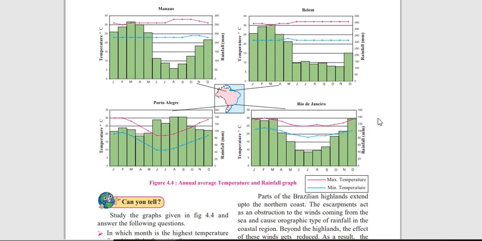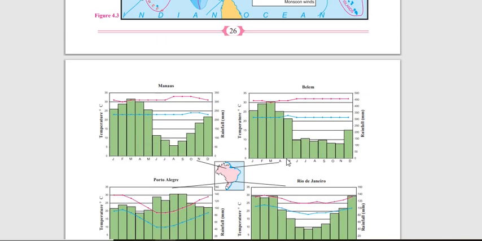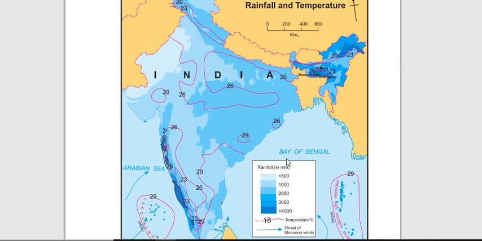Now let us look into the climatic conditions in India with the help of figure 4.3. Please go to figure 4.3. India is located in the southern part of the Asian continent. The Tropic of Cancer passes through the center of India.